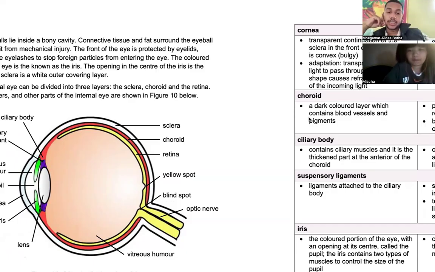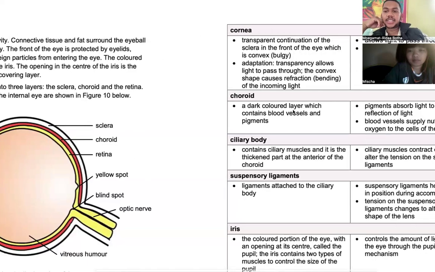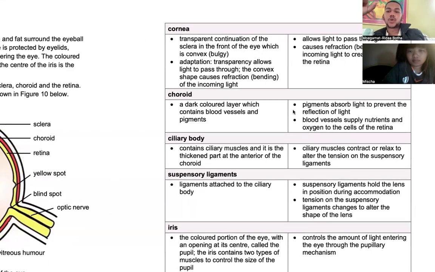The choroid contains the blood vessels, and the function is that the pigments absorb light to prevent the reflection of light. And the purpose of the blood vessels is that they supply nutrients and oxygen to the cells of the retina.